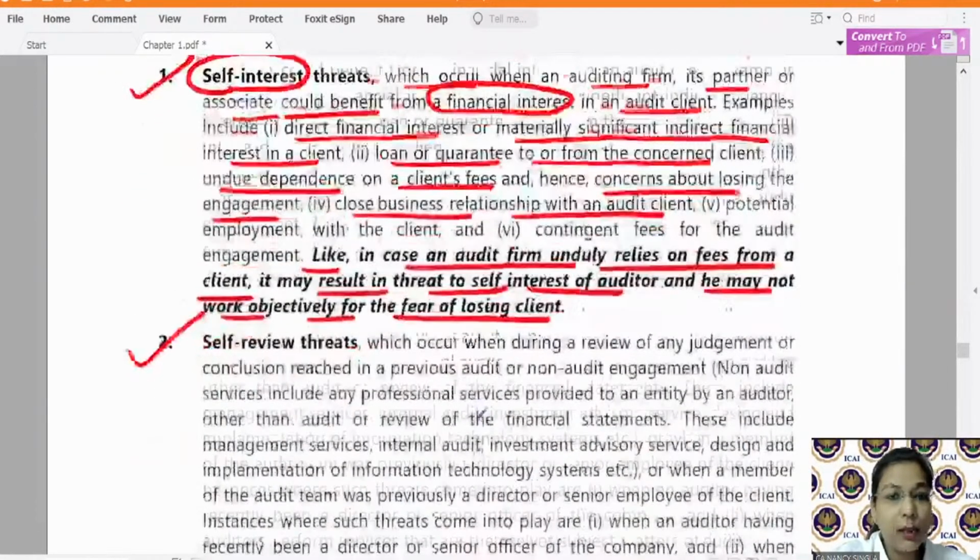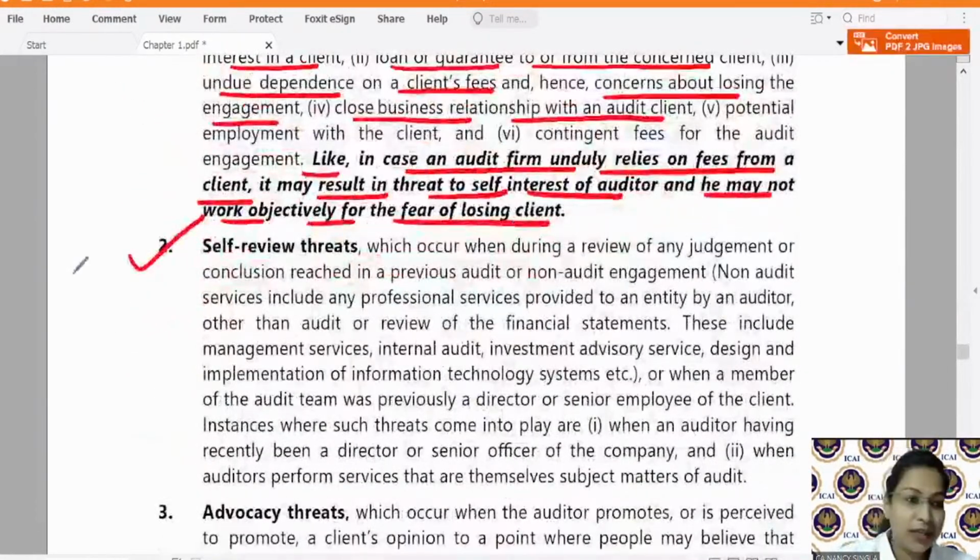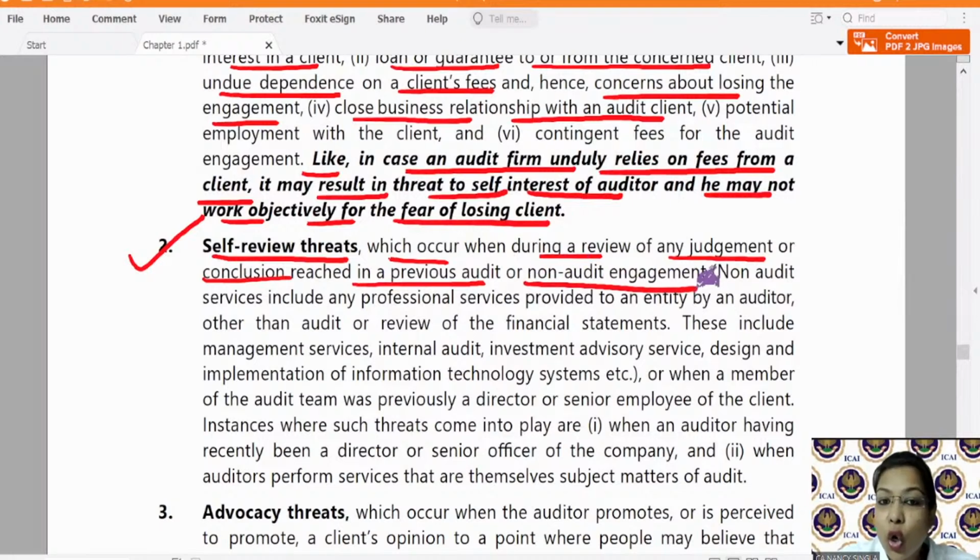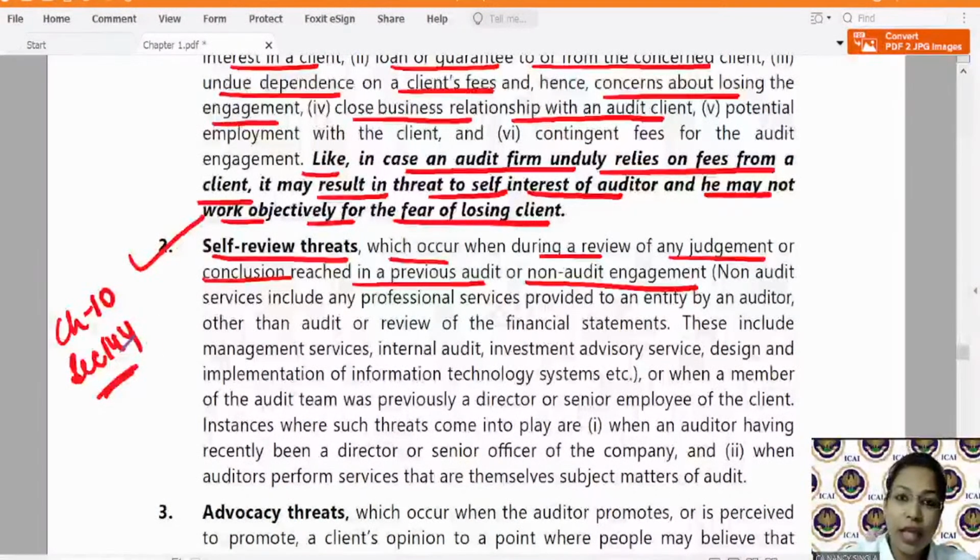Okay. Many of you are saying we will give 100 marks. Okay. Self-review threats occur during a review of any judgment or conclusion reached in a previous audit or non-audit engagement. Students, in chapter number 10, we will be studying Section 144 of the Companies Act 2013, where you will see that there are a number of services which an auditor cannot render, which an auditor is prohibited to render to the client.